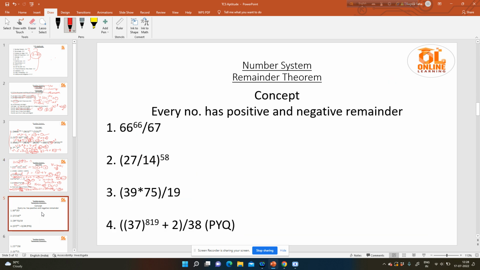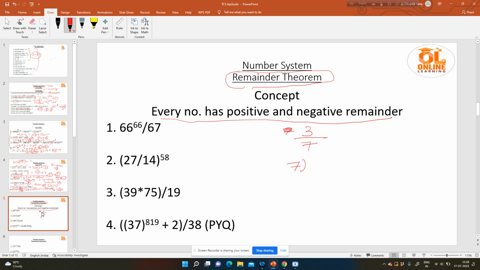Now, let us move to the next chapter, that is the remainder theorem. In the remainder theorem, there is a small concept that you have to remember while solving questions. That is, every number has a positive and a negative remainder. How? Suppose we divide 3 by 7.